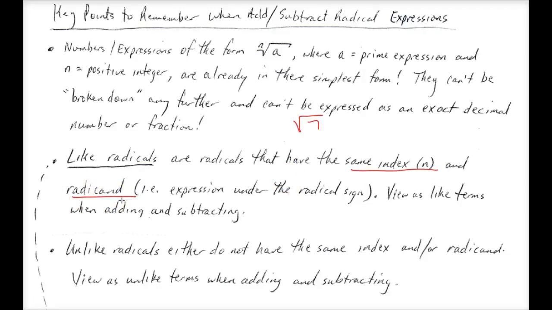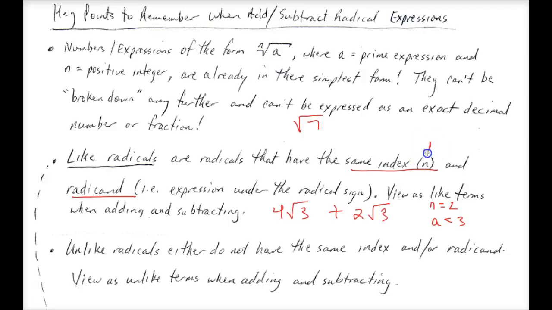Let me make up a new example: 4 times square root of 3 plus 2 times square root of 3. The index is the same. For this example, the index is 2, and the radicands, or the expression under the radical, are the same. That is 3.